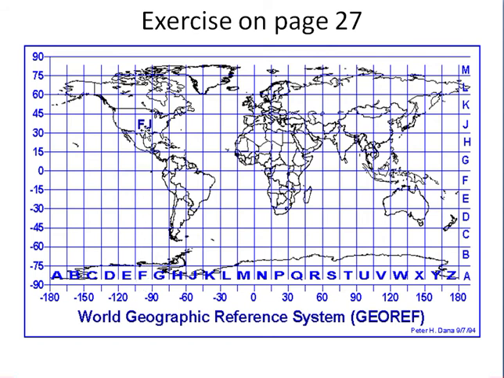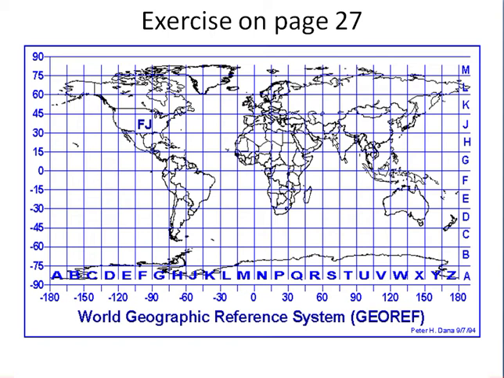We have called it FJ, but this is also 30° west and 30° north, and this one is 90° west. Okay, 90° west and 30° north. And here if we see Pakistan, what was the location of Pakistan?